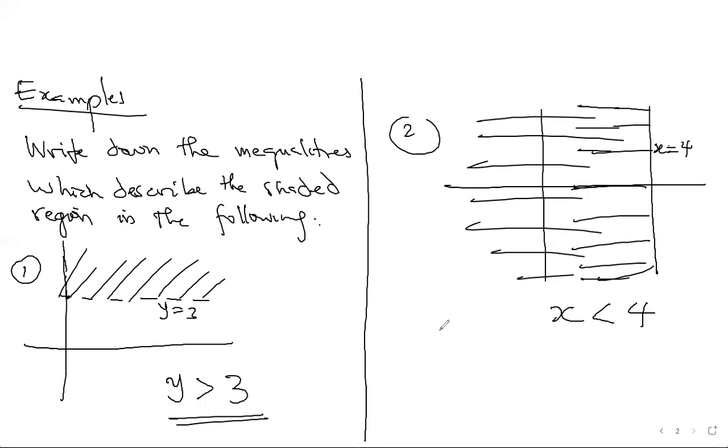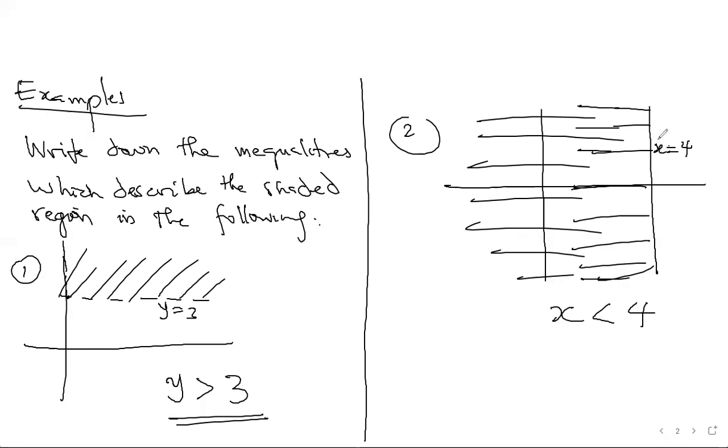But there's one thing that is missing here, because you have a continuous line. It has to be less than or equal to. So take note of that. If the line is continuous, it will include equals, but if it is broken, then there is no equals. Either greater than or less than, provided it is broken, there will be no equals. But if it is continuous, if it's not broken, there will be equals, okay?